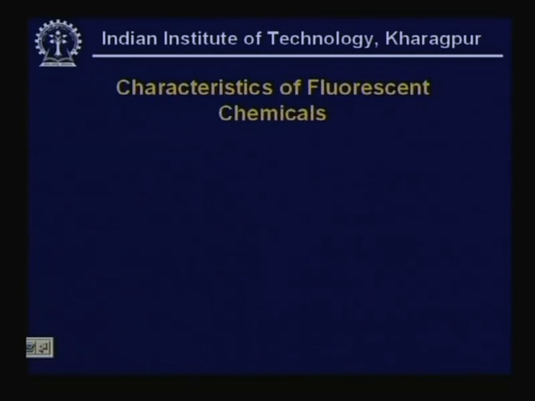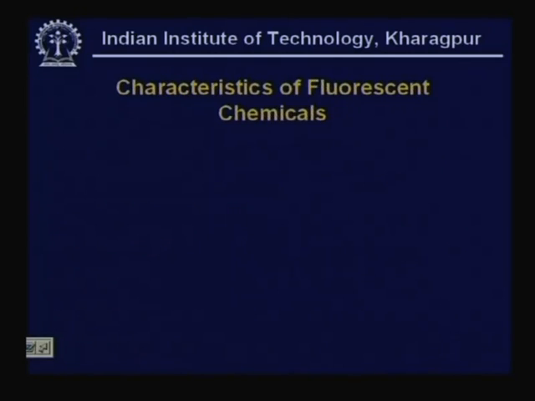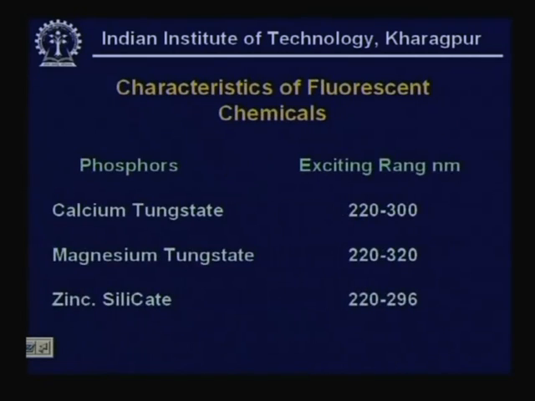Green is good because it is the peak sensitivity of the eye, yellow green. Zinc beryllium silicate is yellow white, maybe we look for that. Cadmium silicate is yellow pink, cadmium borate is pink. This is the color wise.